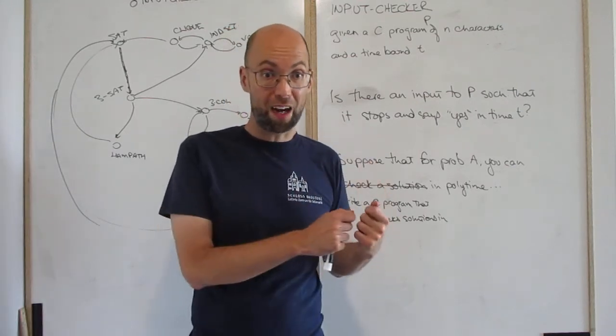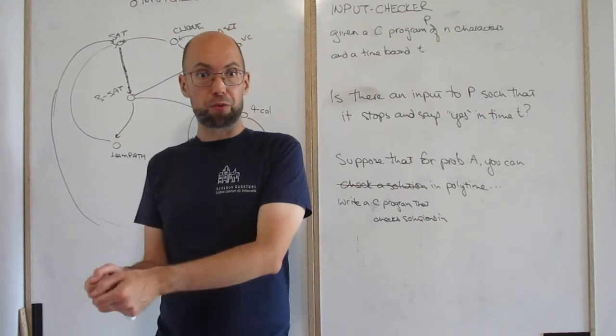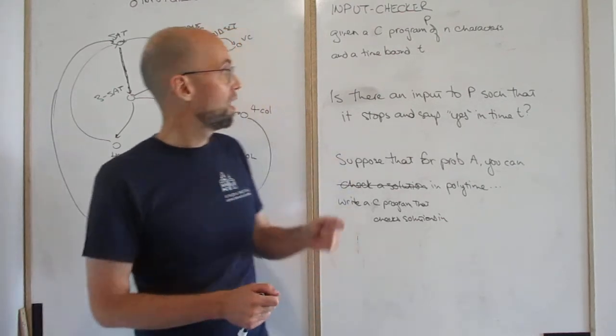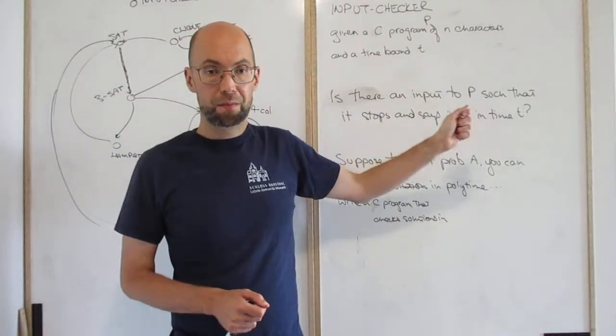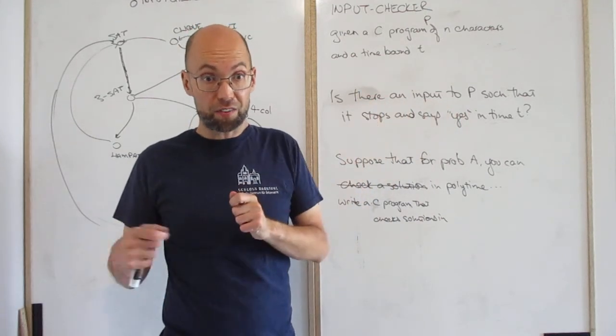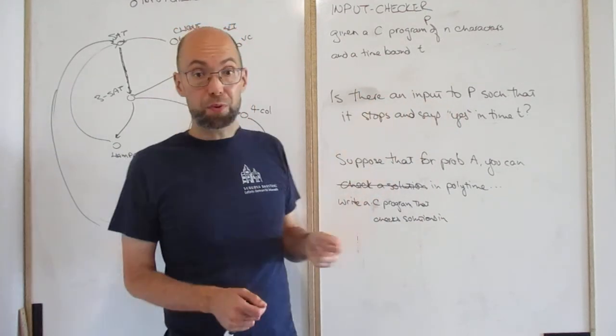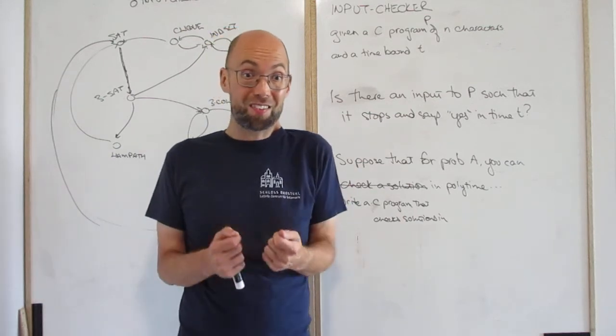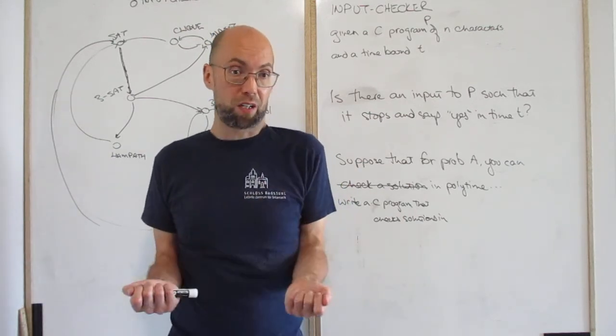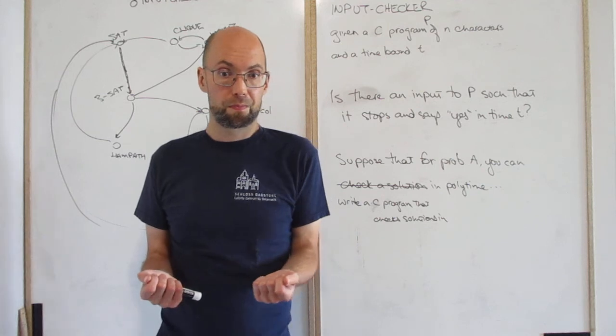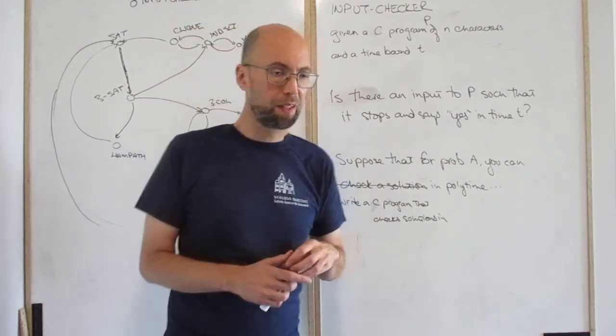So for that graph, you have a little program, and you just say, is there an input that makes it say yes? There is an input that makes it say yes if and only if there is a proper coloring.